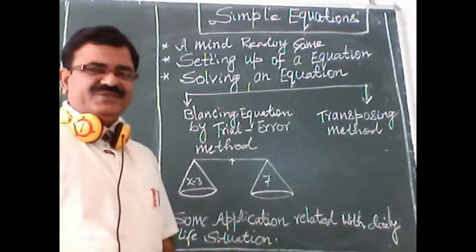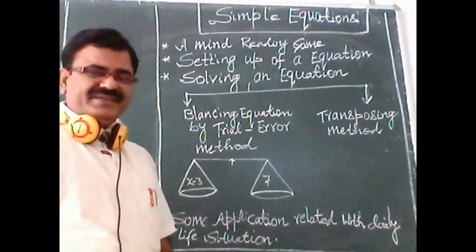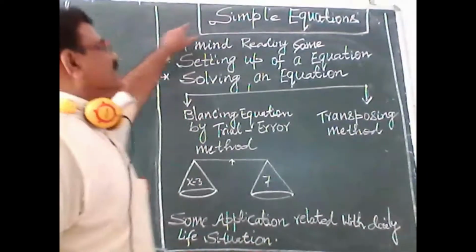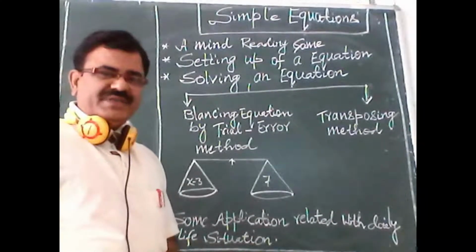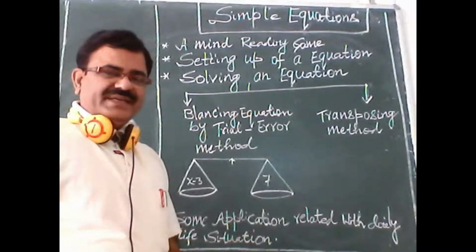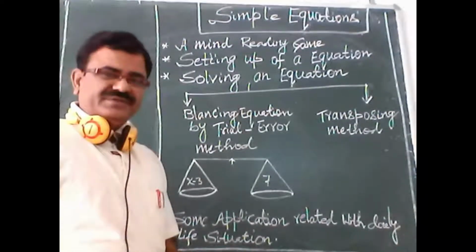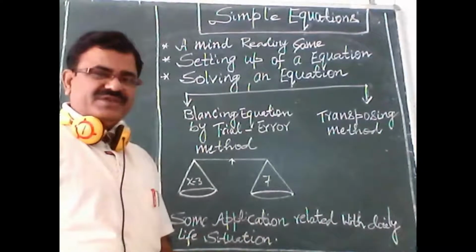Students, we have already learned equations in class 6, and once again I want to revise this. Any expression with an equality sign, that is, equality as the condition of the expression, is called an equation.